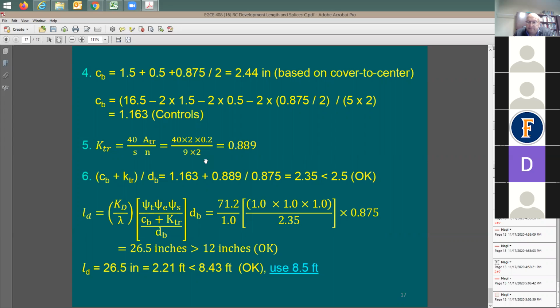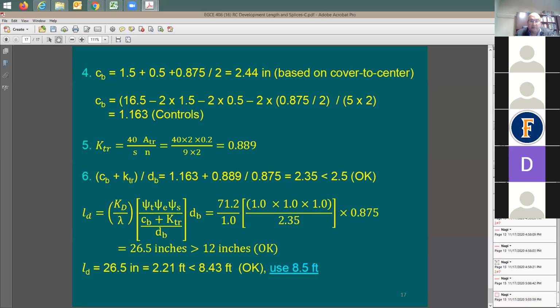Professor, for KTR, why didn't you put 0 for this one? Well, it depends on the way that you like to do it. If you like to be conservative, just take it as 0. So I'm okay if in your analysis you decide to put this here to be 0. It's going to be okay. I don't see a problem with that.